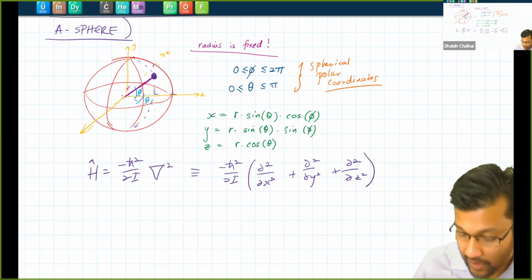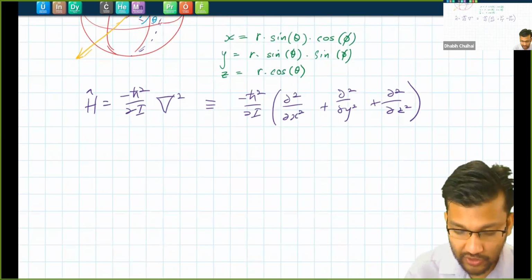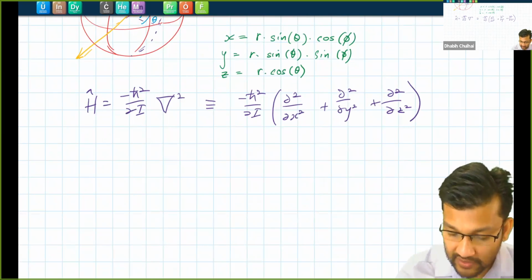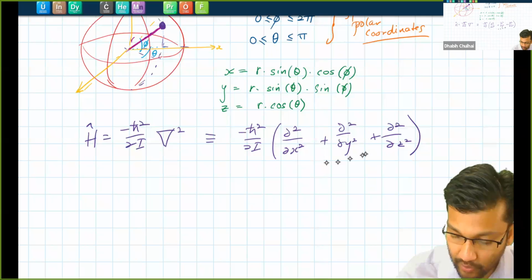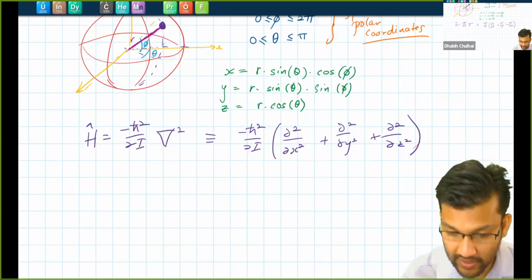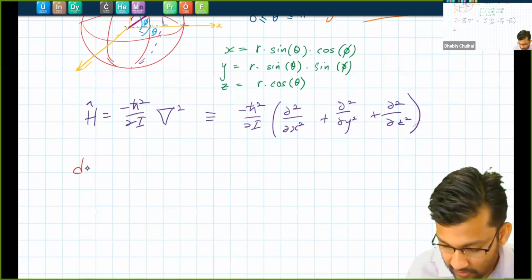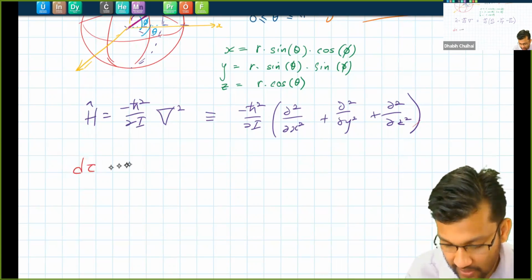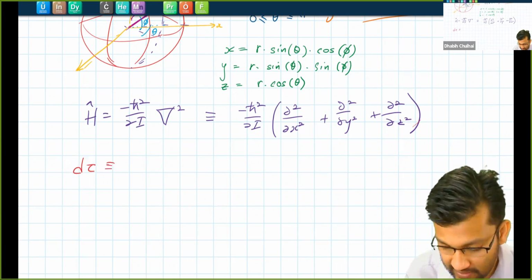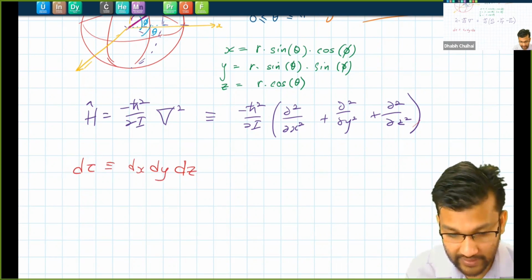So there we have it, polar coordinates. That's the Schrodinger equation. If we wanted to transform these Cartesian coordinates into polar coordinates, we know that this d tau that we usually use is the same as saying dx, dy, dz in 3 dimensions, right?